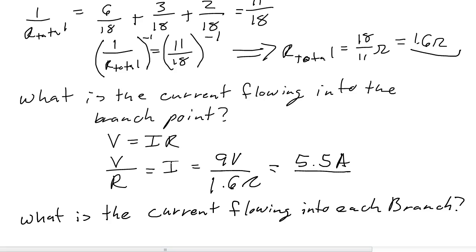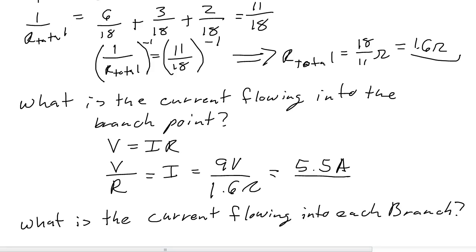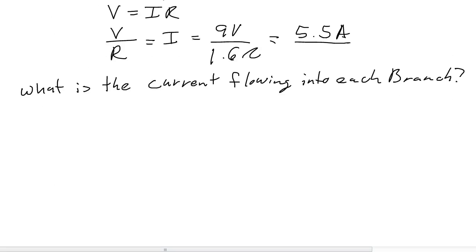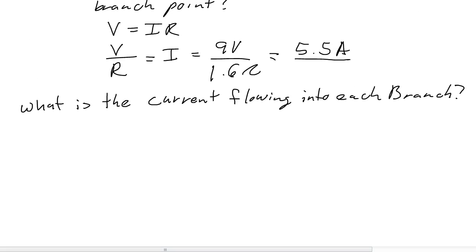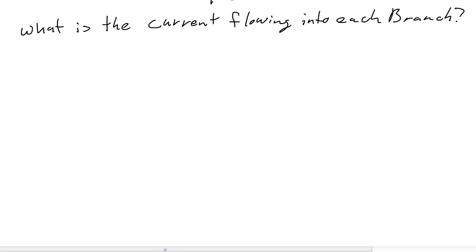Okay, so we can do that too. Let me make some more room. Okay, so what is the current flowing into each branch? Well, remember, each current is going to be independent, and then they'll all sum up to what we found. The total current going into the circuit was 5.5 amps. All right, so what is the current flowing into each branch?